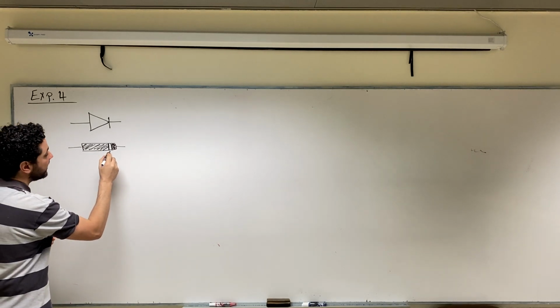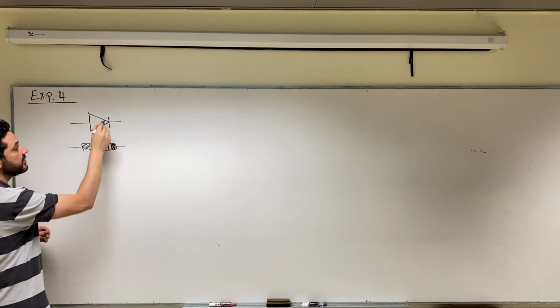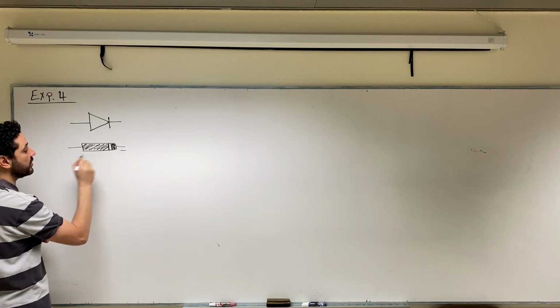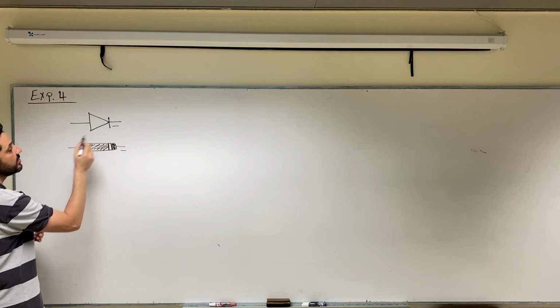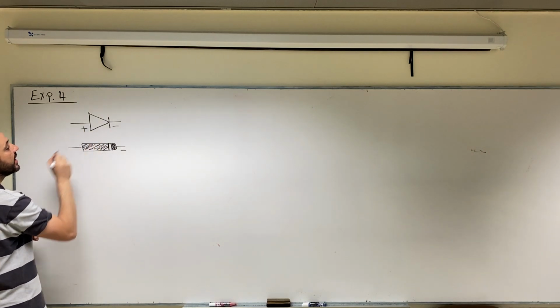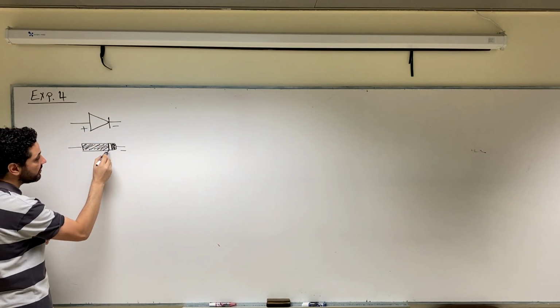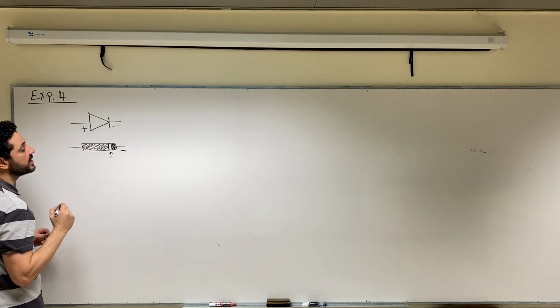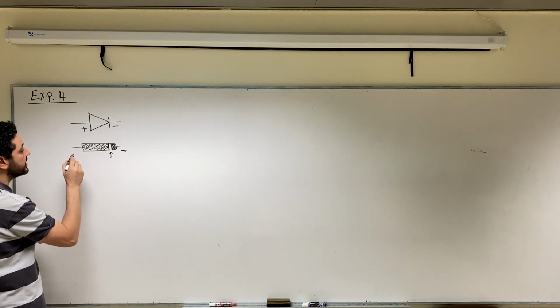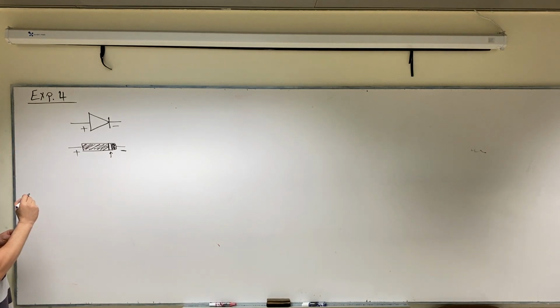And this silver line tells you where the negative terminal of the diode is. So this is the symbol of the diode that you use in the course, this is the negative side, and this is the positive side. The silver line tells you that the negative terminal of the diode is this terminal and the positive terminal is the other terminal.